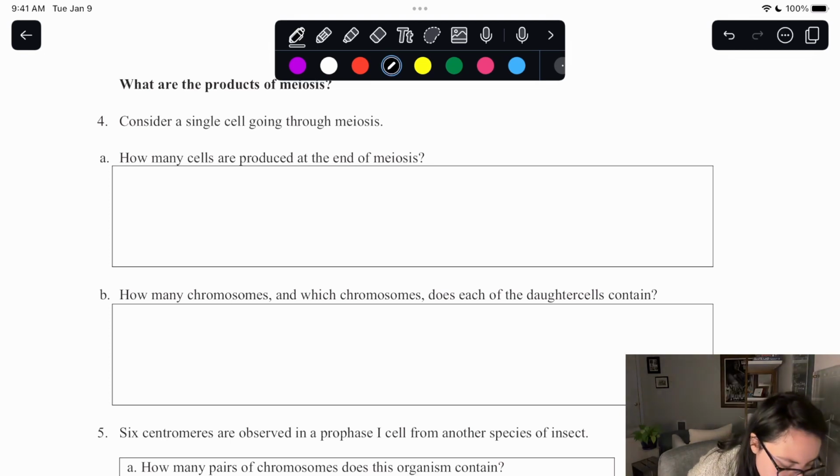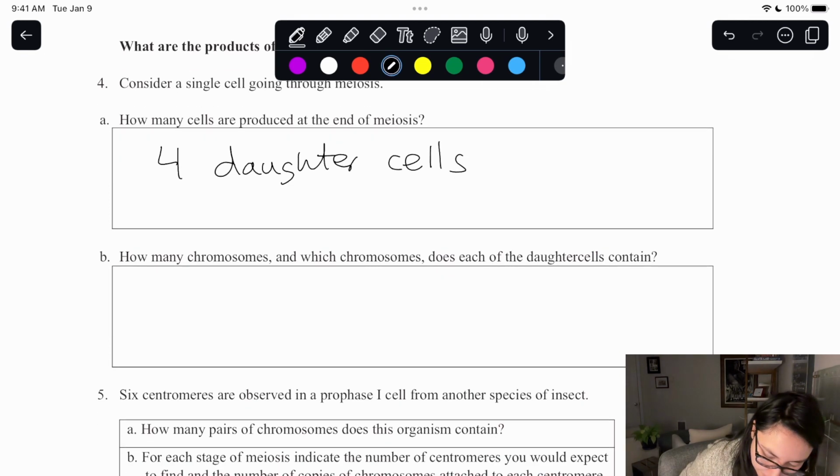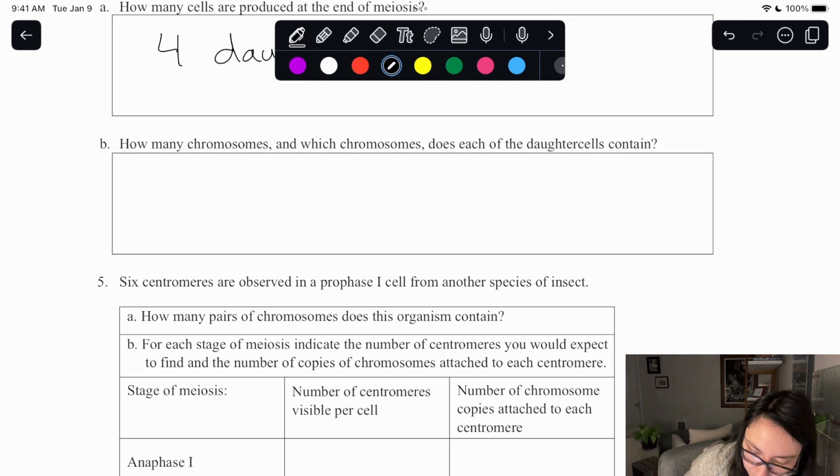So it asks how many cells are produced at the end of meiosis. It's 4 daughter cells. How many chromosomes, and which chromosomes, does each of the daughter cells contain?